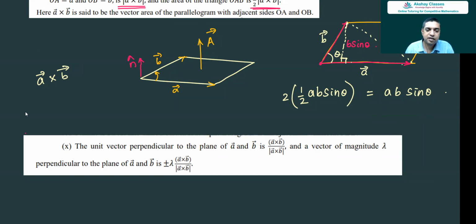Now, divide by the modulus of A cross B and we get the unit vector. And the vector of magnitude lambda in the plane perpendicular to A bar and B bar is obtained by multiplying this unit vector by lambda.